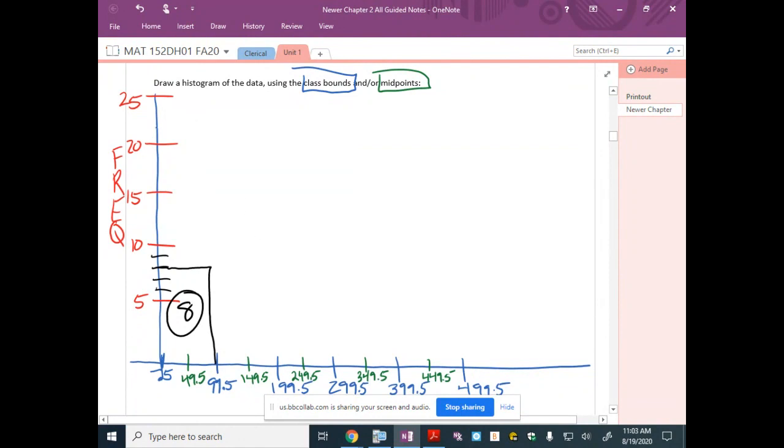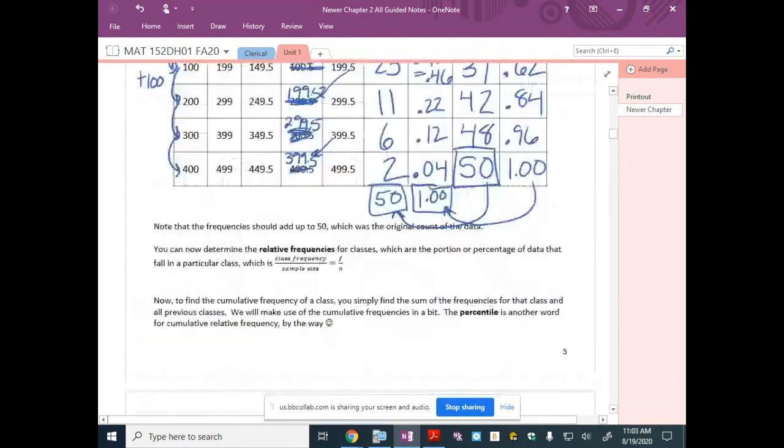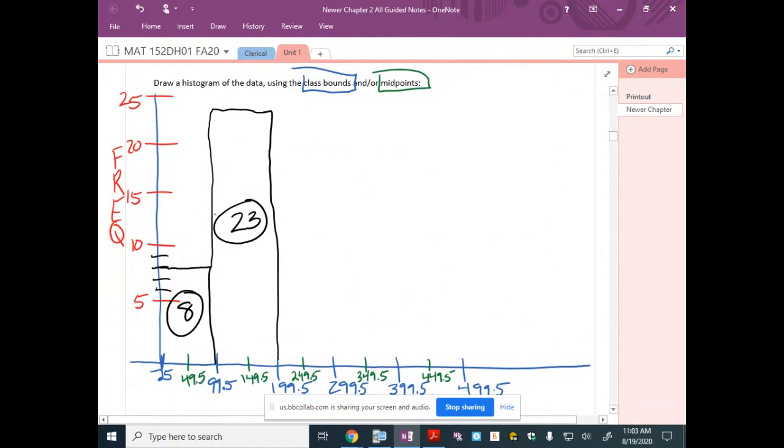We're going to go up pretty high here. Now, I am not going to pull out a magnifying glass and see that this is perfect or anything. Yeah, 23. And the next ones would be 11, 6, and 2.